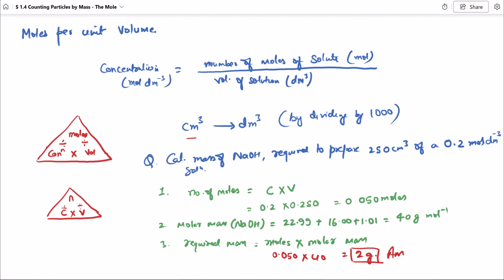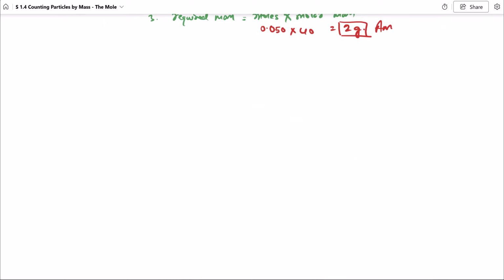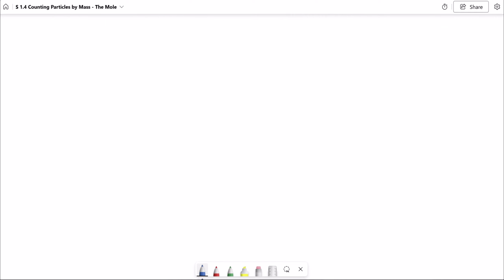Understood? Now let's go to the next way of measuring it. Second was mass per unit volume, right? This is the second way.